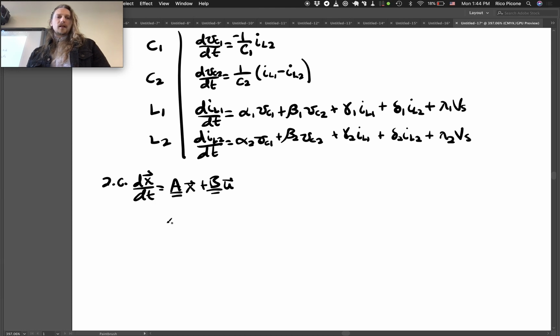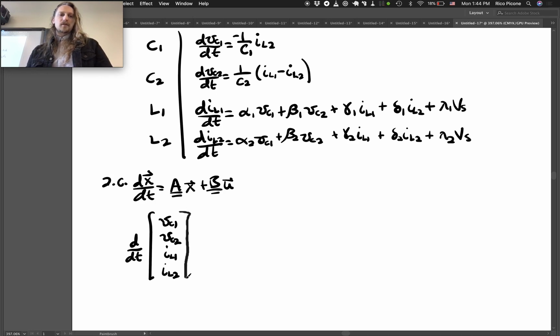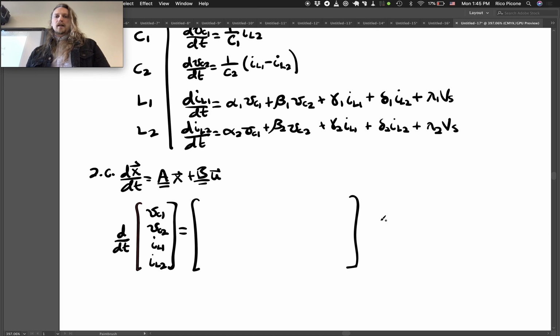And what I've got here is d/dt, because it's the time derivative of each of these x variables. So we've got Vc1, Vc2, IL1, IL2, that was our state vector, equals the A matrix, which has got to be a 4 by 4, an n by n matrix, right? And we've got the x vector, of course, here.